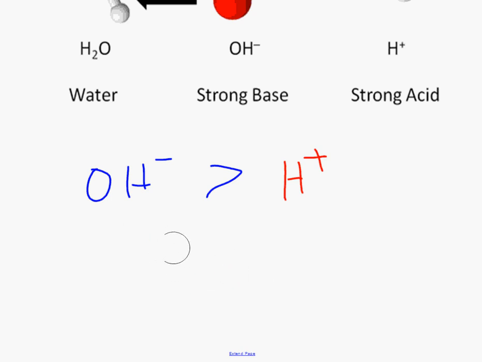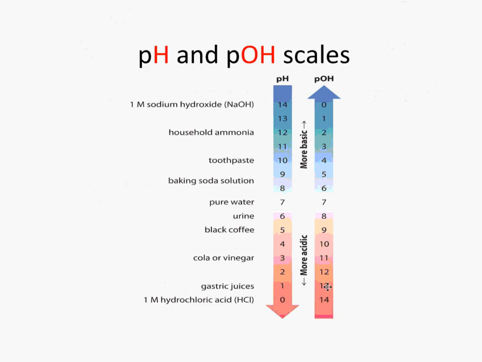But if it's the other way around, and the hydrogen is greater in solution, you have an acid. Now, of course, this can be at varying degrees, right? You can have a ton more hydrogen than you have hydroxide, or just a little bit more hydrogen than you have hydroxide. And so that's why we have this scale to show us the relative amount of hydrogen to hydroxide.